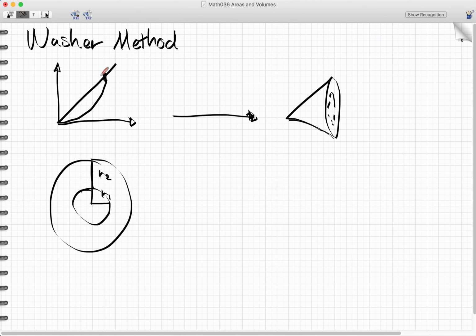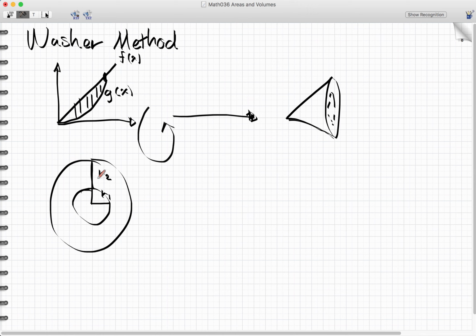Basically, we have a solid of revolution, but now we want a region that is bounded by one function f of x and a lower function g of x, as opposed to the region between f of x and the x-axis. So when we rotate this around the x-axis, we'll obtain a cone, but with a chunk taken out of the middle. This will be like a cone that you could put food in or something.